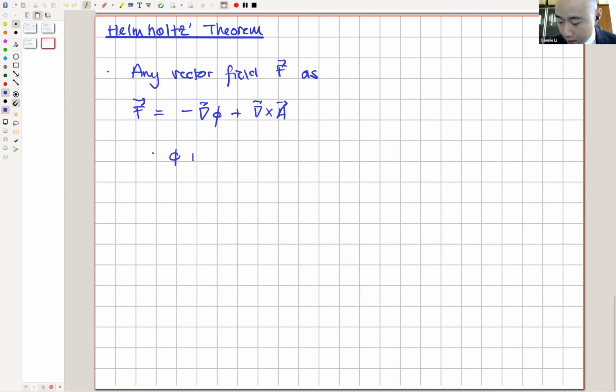Phi is a scalar function. A is a vector function. And the third caveat: the divergence of A is specified.